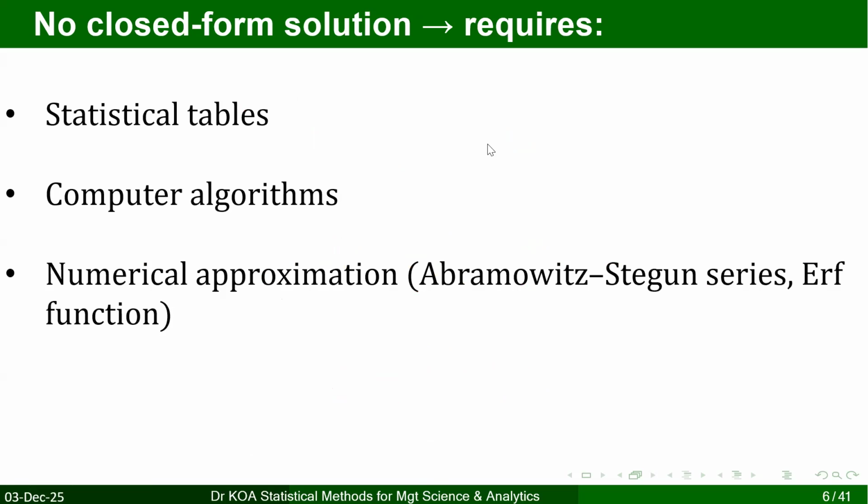How can you find it? Well, one of the ways you can find this z value is using the tables, but a computer can also do it for you. There are other numerical approximations like the Abramowitz and Stegun series, which can also find the values for you. But we are going to use the first one, the statistical table, to do that.